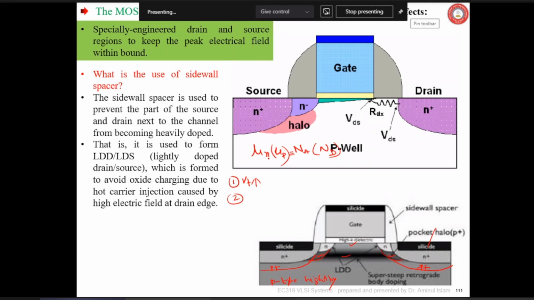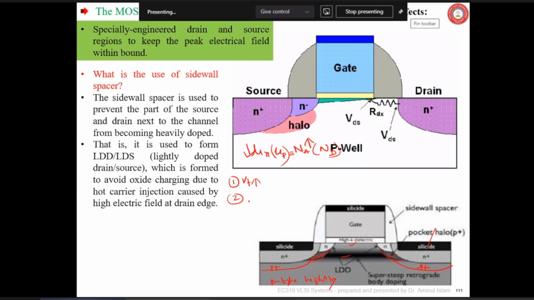If you increase the doping concentration, what happens to the mobility? We have discussed recently during the mobility degradation and velocity saturation. What is the point of discussing those things if you are not able to tell? It will decrease. If you increase this, this is going to decrease.